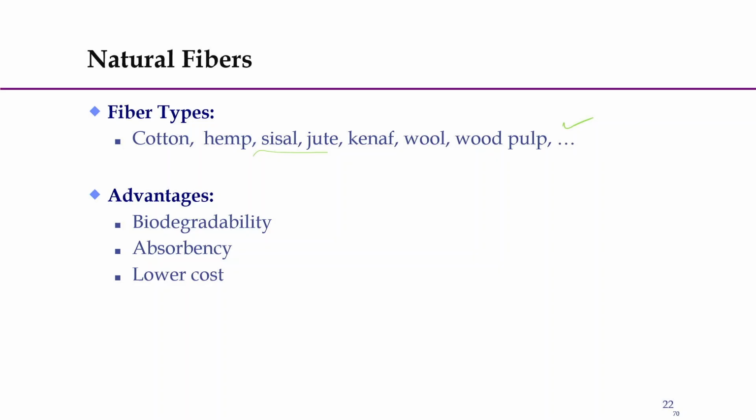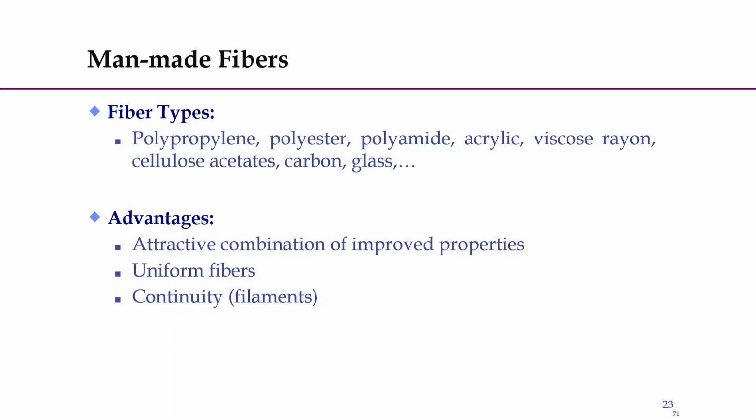The advantages are that they are biodegradable, absorbent and low cost due to abundant availability. Now, different types of man-made fibers are used depending on the requirement: polypropylene, polyester, polyamide. For high temperature we can use glass fiber.